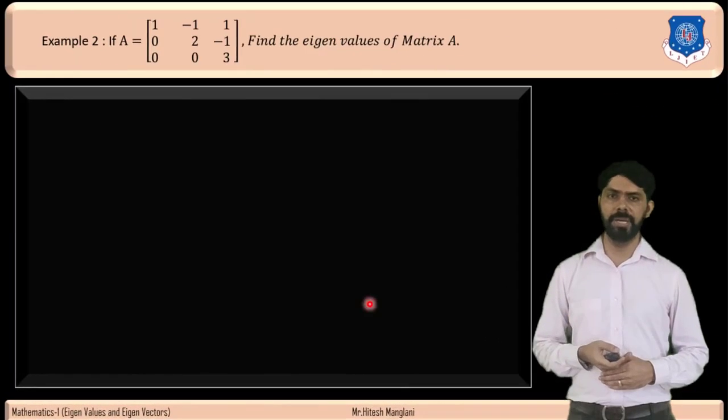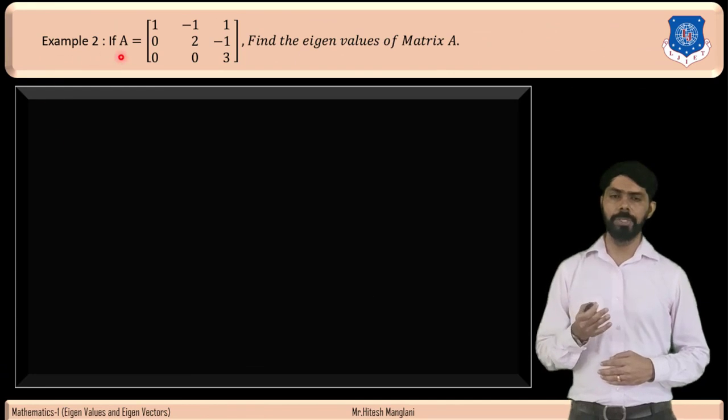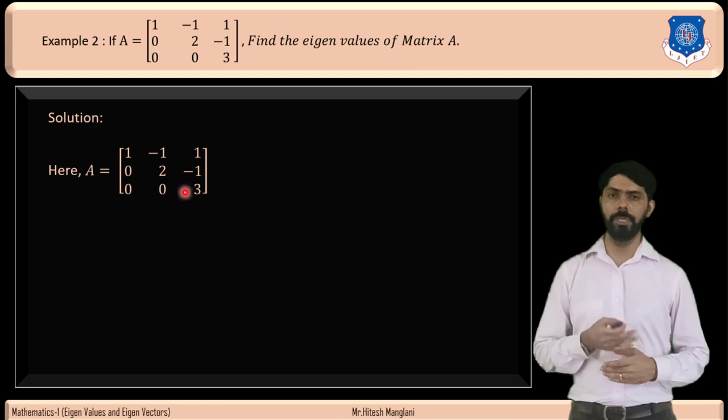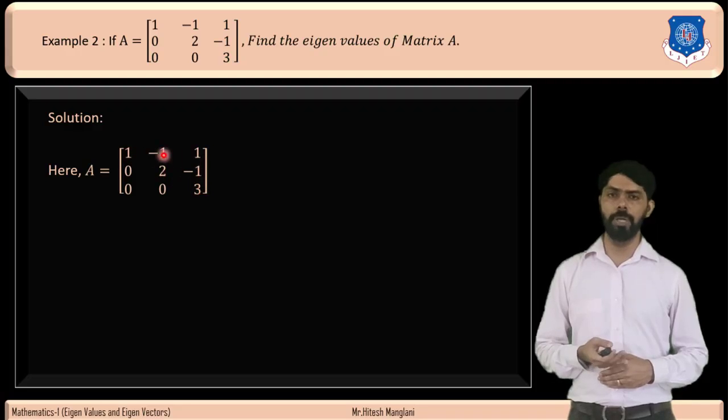Now let us discuss the second example. If A is equal to 1, minus 1, 1, 0, 2, minus 1, 0, 0, 3, then find the eigenvalues of matrix A. If you look at the matrix A, the given matrix is in upper triangular form because all the values below the principal diagonal are 0.